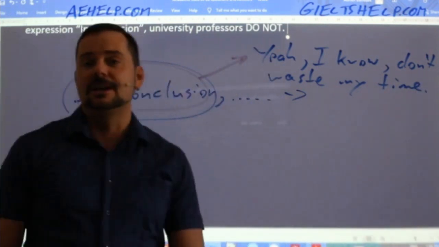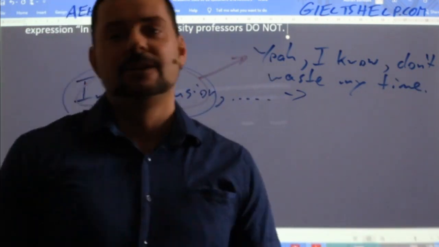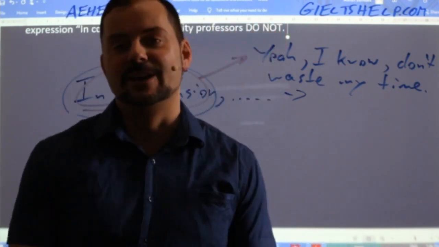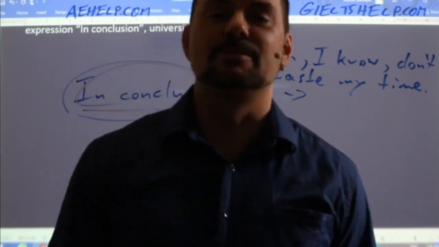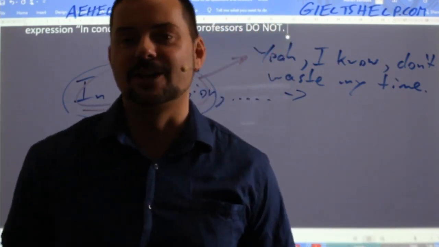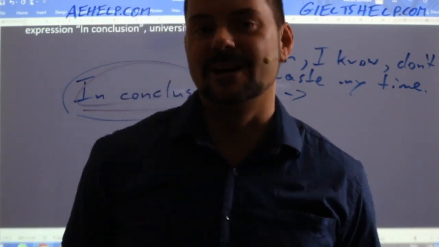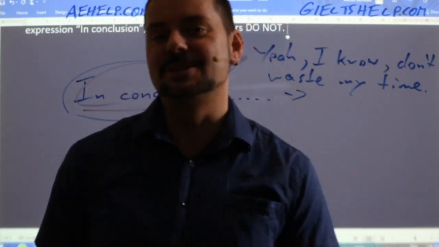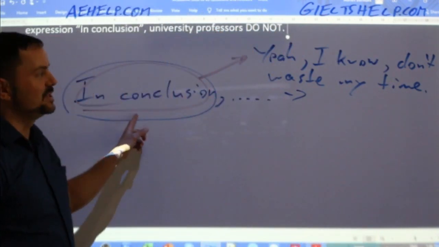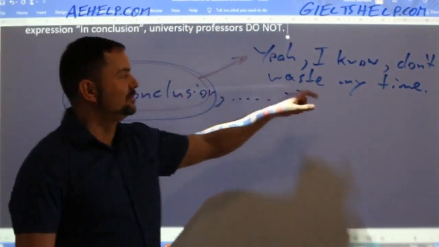Because as you can imagine, if a professor has 200 students, even if they have markers helping them, and every year, every student for every paper is writing "in conclusion," then they have to look at the words "in conclusion" 10,000 times each semester, and they get pretty sick and tired of it.